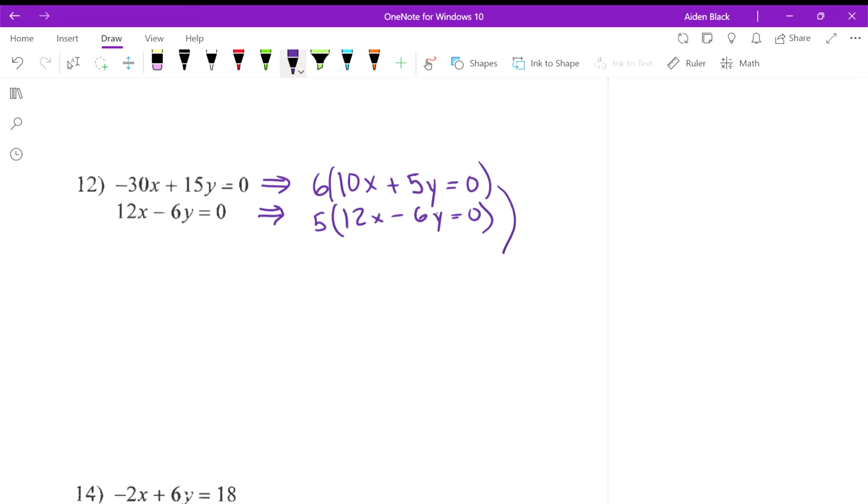So when I get this, just remember to distribute to each term. So I get 60x plus 30y equals 0.